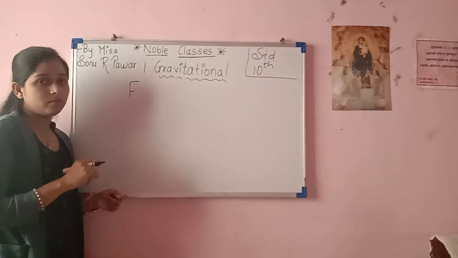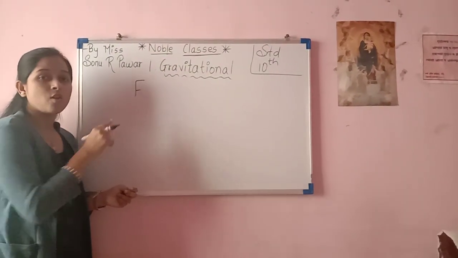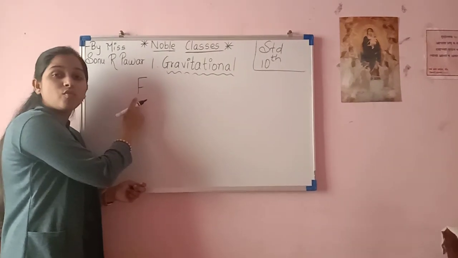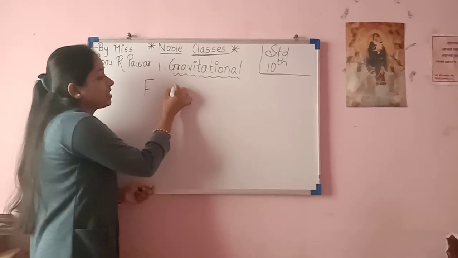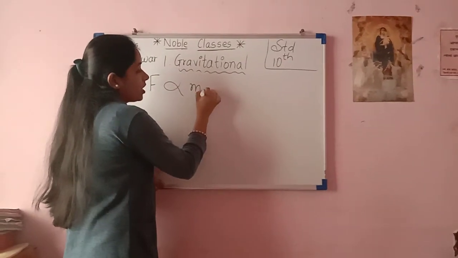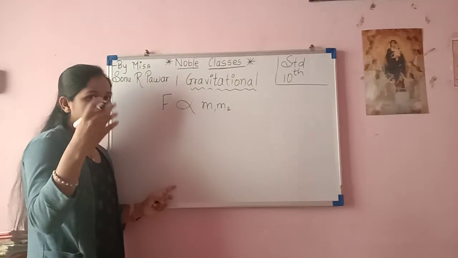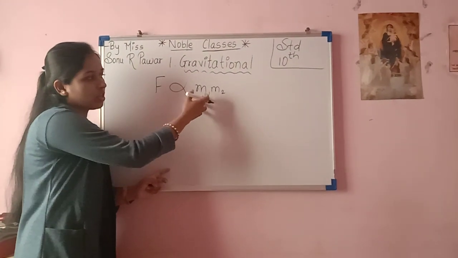Now what did Newton say? Newton said that this gravitational force is directly proportional to the product of the masses. Don't get confused, I will explain everything: what is this directly proportional and what are these masses.